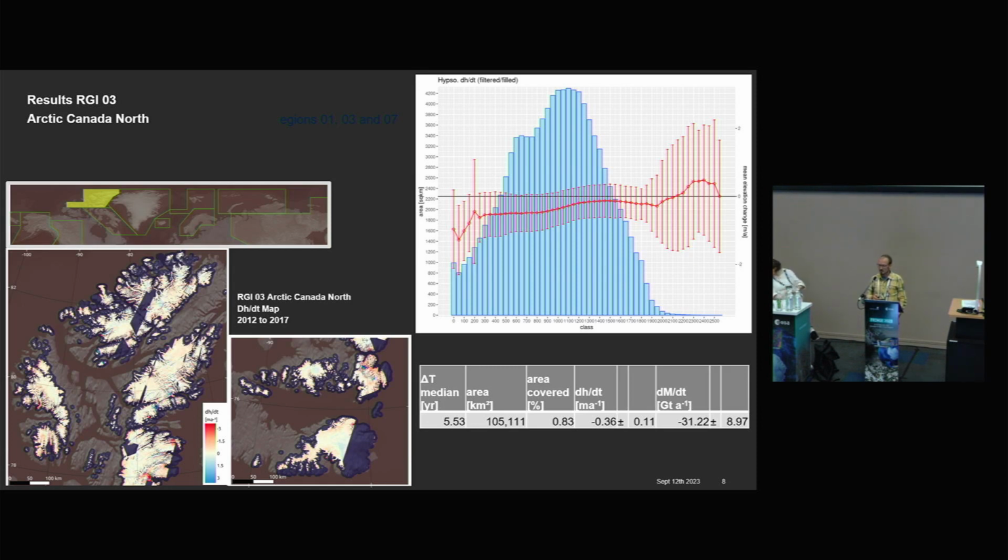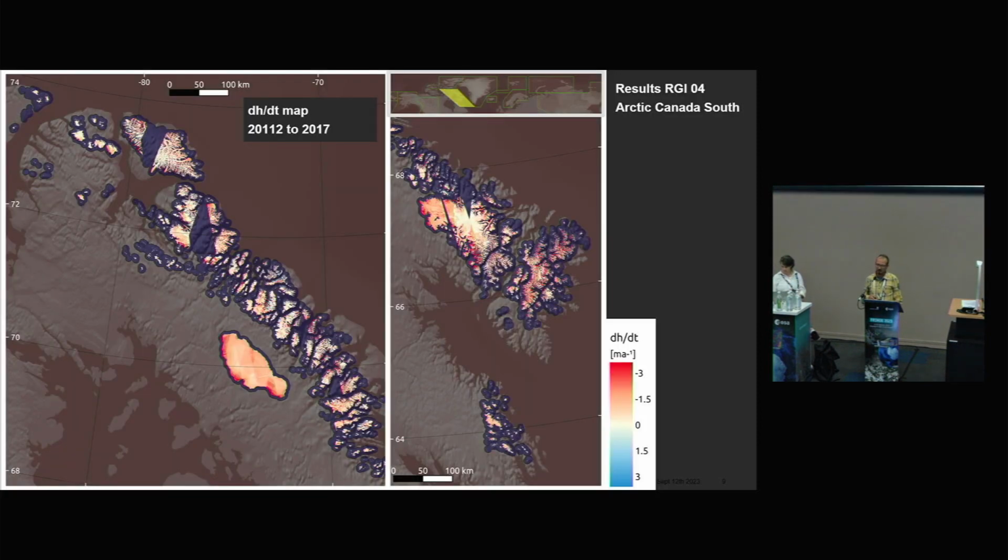In blue, you see how much area per hypsometric bin is available. They go in 50 meters from a very zero sea level up to 2,000 meters here. And in the overall mean of the area, you see that we have about minus 30 centimeters per year of elevation change with a large area of over 100,000 square kilometers, resulting in 31.22 gigatons mass loss per year in Arctic Canada North.